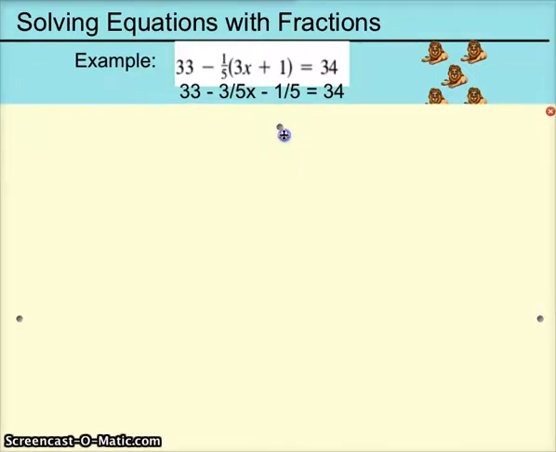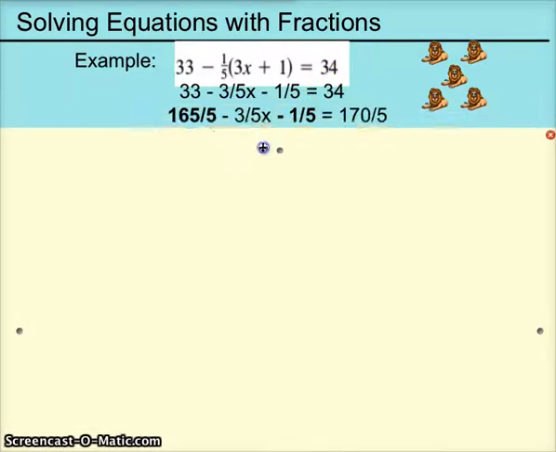Now, in order to add or subtract fractions, you want to have common denominators. Right now I have a denominator of 5 here and here, so I'm going to make everything have a denominator of 5. I multiply 33 over 1 times 5 over 5 to have common denominators, and I'll do the same thing for the number 34, multiplying it by 5 over 5.